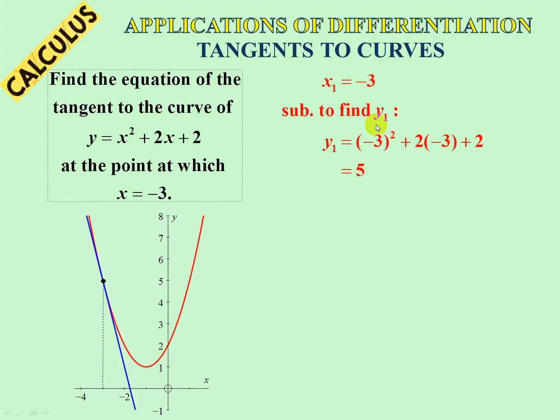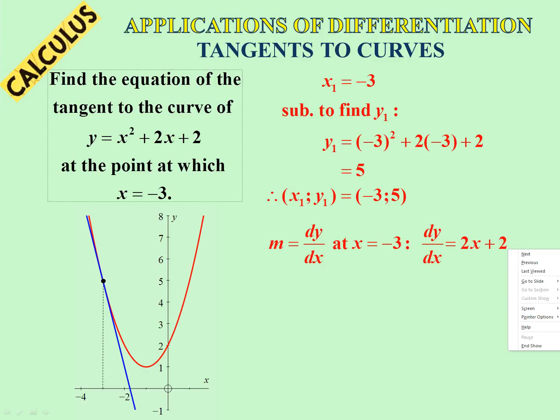We now know x1, y1. We need to find the gradient, which is the derivative. So we differentiate: we're going to get 2x plus 2. And we substitute negative 3 for x, and we get negative 4. So there we are. Negative 4 is our m value.